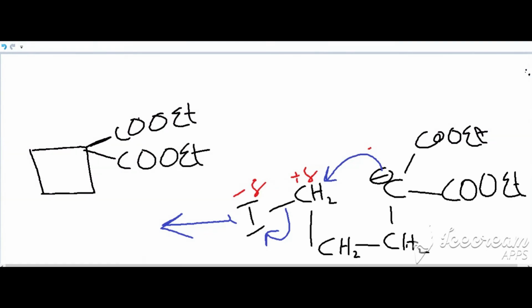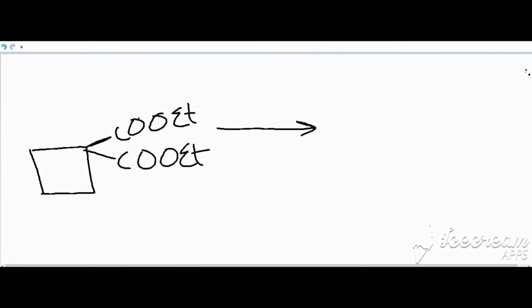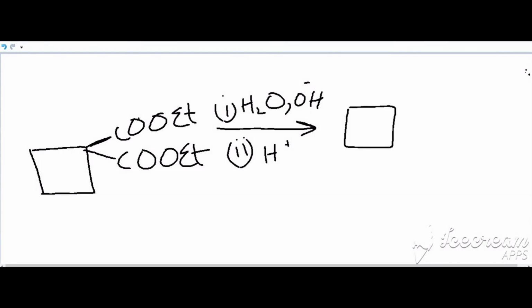Two ester groups. First hydrolysis takes place, first basic hydrolysis. The carboxylate anion is produced, then acid is added, and we will obtain two acid groups on the same carbon.